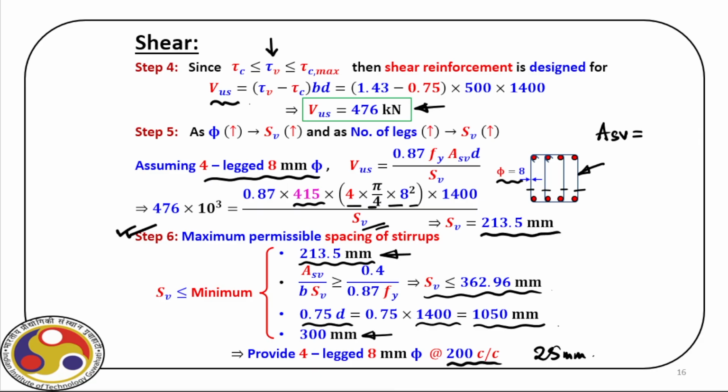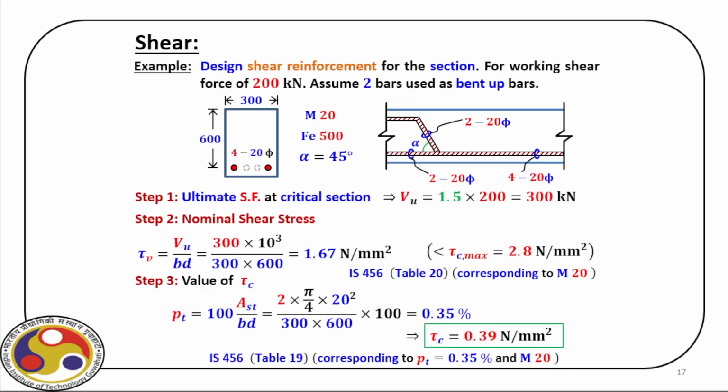We have designed this at the critical section, but for example, if you have a simply supported beam, at the middle we'll have a region where we have a low value of shear force, and there we can provide different stirrup spacing according to the need. So normally along the length of the beam, this shear stirrup spacing varies, and we need to design that along the length of the beam.